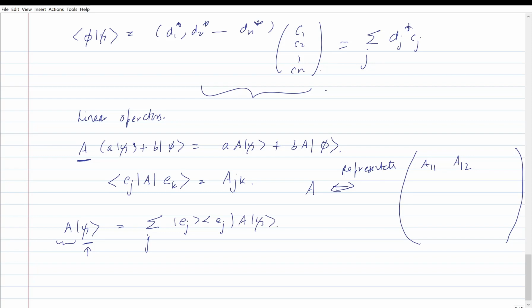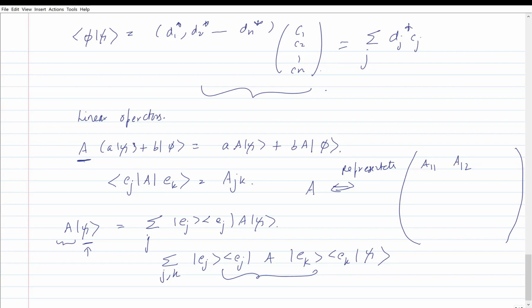So what do I get? I tack along another identity over there. So I insert the identity at two places. And notice this quantity. This is the matrix element.